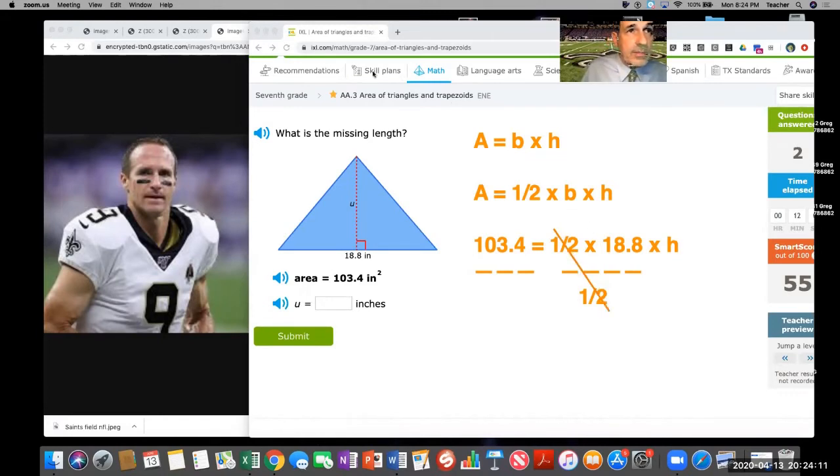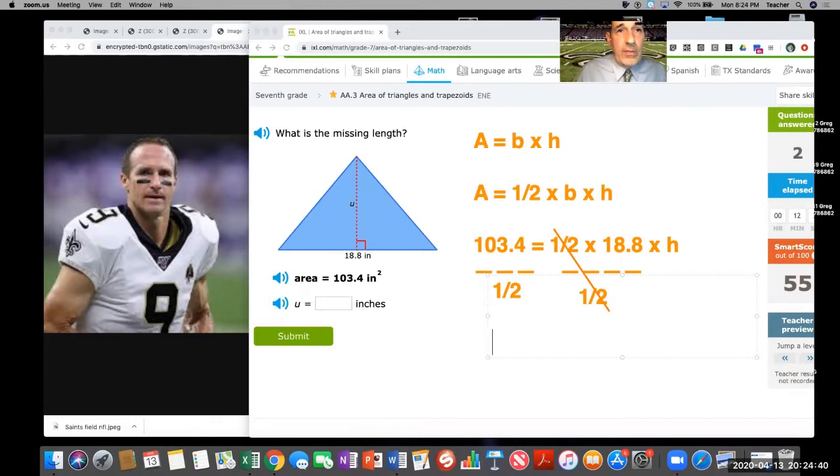Now let's go back to text box. But when you divide something by a fraction, you're actually going to multiply it times the reciprocal, okay? So 103.4, instead of dividing by half, or you could say divided by 0.5, or you could say times 2.